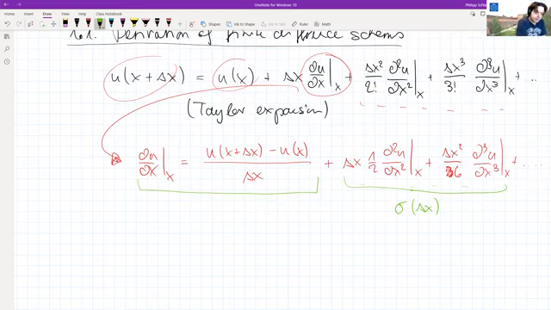And what we have achieved here is a finite difference approximation, which we can call D plus as an operator operating on our grid function u_i. I'll later explain why I call it D plus.